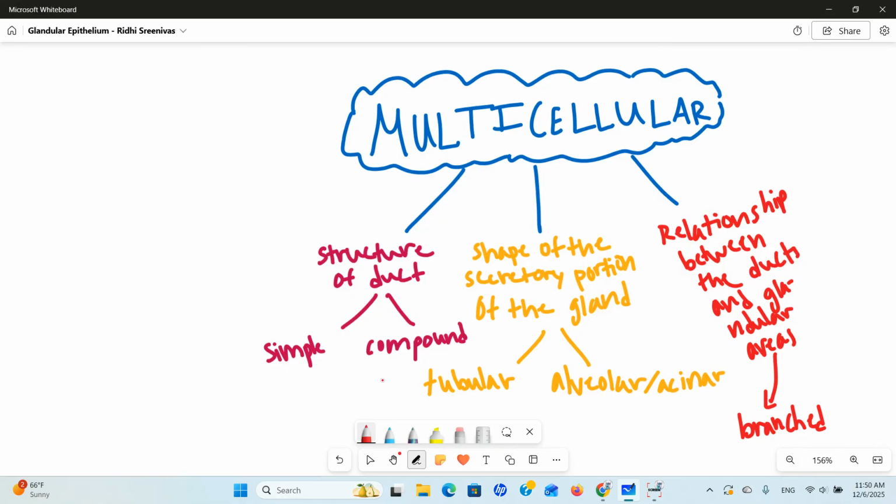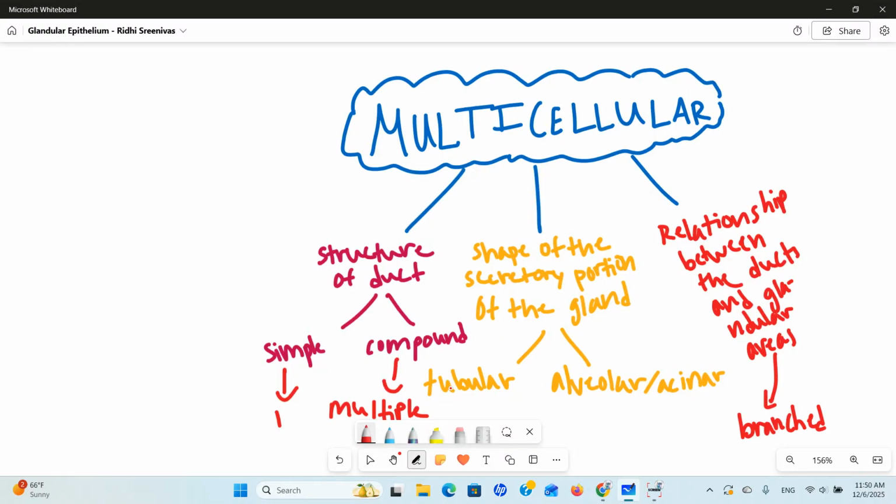So first, when we're looking at the structure of the duct, it can either be simple or compound. Simple is when it has one singular duct, very simple. Compound is when there are multiple divisions coming off of the duct. And I'll show you guys a picture of that in a bit.